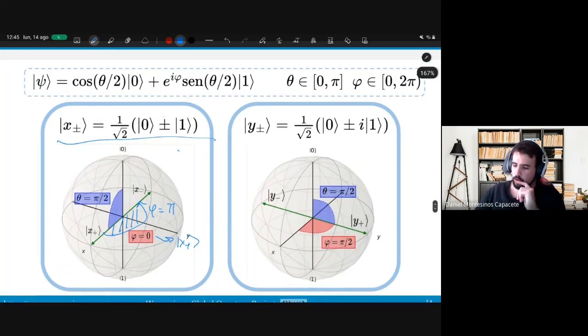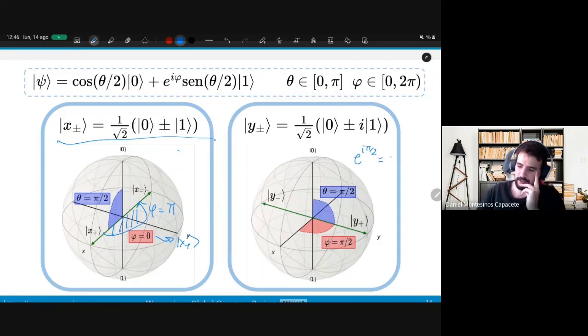We could also go to this other axis. In this case, we also have theta equals pi over 2, right? And we are in this direction. But in this case, there is the phase, and with the phase, I mean the phi angle is different, because for the plus, we have phi equals pi over 2, and that's because, remember, this is for the complex number.